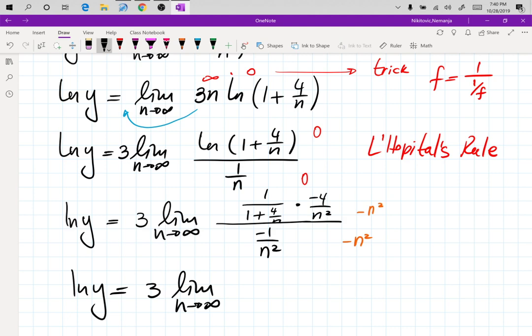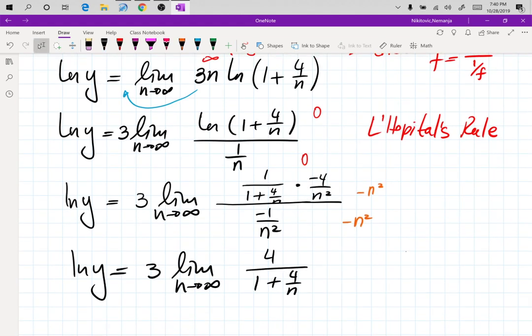So ln y is equal to 3 times the limit as n goes to infinity. On the denominator, everything cancels. On the numerator, negative and negative cancel. I have 4 divided by 1 plus 4 over n. When I take the limit, this goes to 0 because 4 divided by infinity is 0, and all I get is 4 over 1, which is 4.